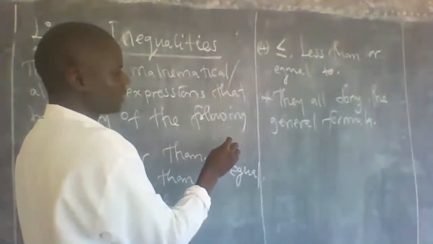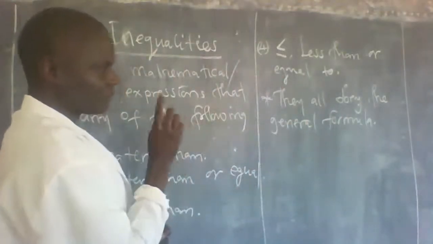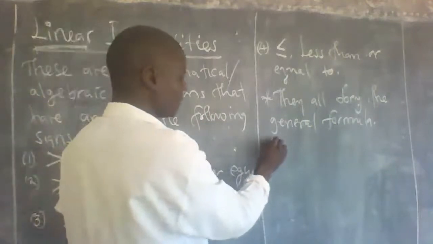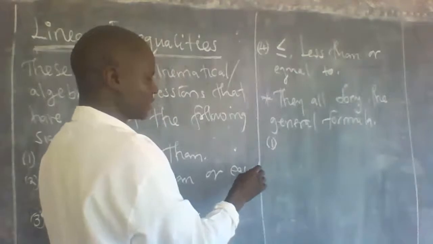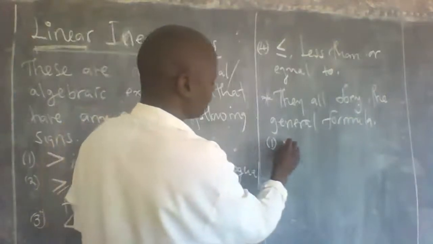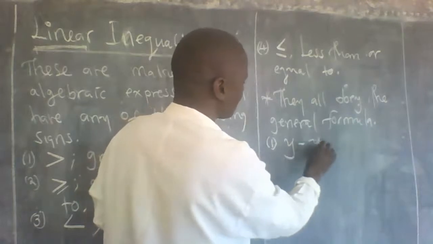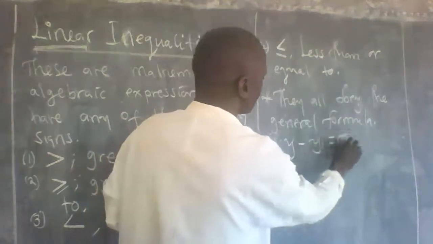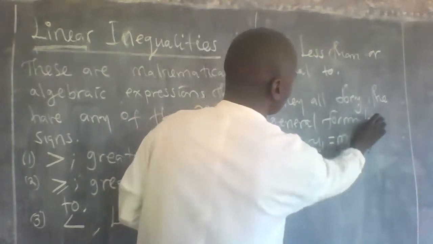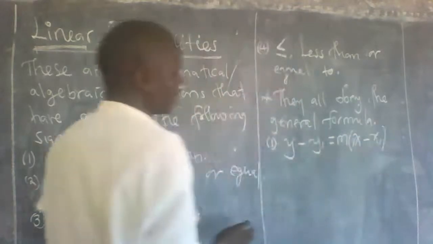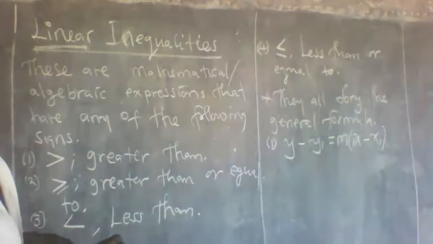But the general formulae actually are two, so I'm going to give you both of them with much specification. The first one is y minus y1 equals m times x minus x1. So that is the first general formula.